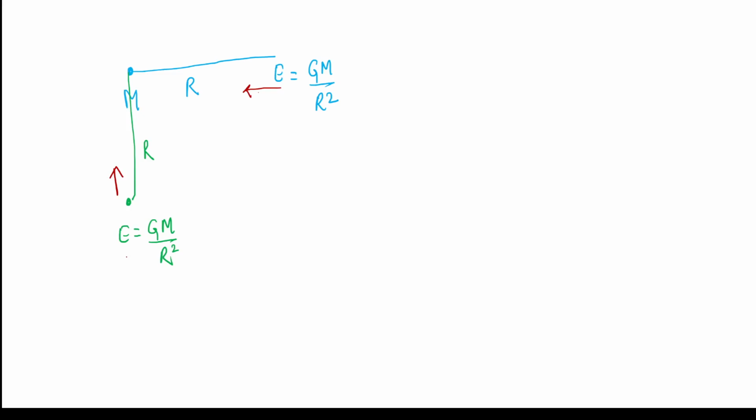Wherever you go all around the mass M, suppose I come here, same distance r, the E will be GM over r squared. The value is the same all around it, only the direction changes, towards the mass. Can you see how the direction is changing? That's your gravitational field strength.